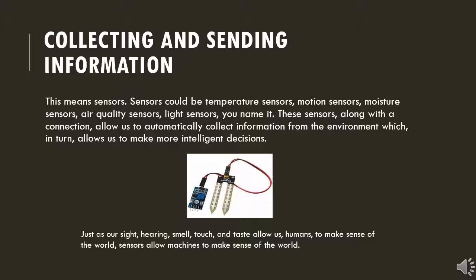Let's take a soil moisture sensor for example. On the farm, automatically getting information about the soil moisture can tell farmers exactly when their crops need to be watered, instead of watering too much, which can be an expensive overuse of irrigation systems and environmentally wasteful, or watering too little, which can be an expensive loss of crops.